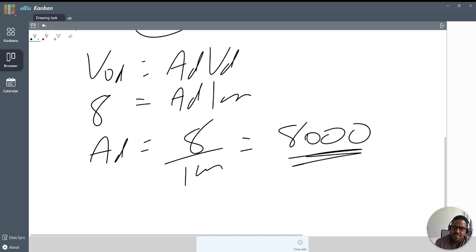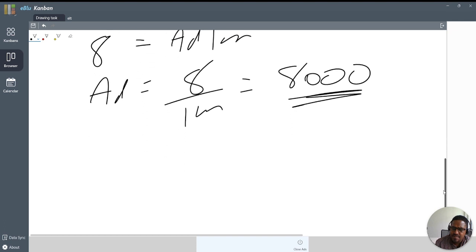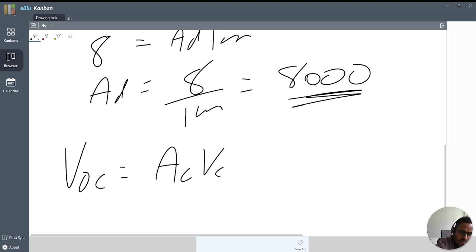Our gain of differential is 8,000. The same for common. For common, V out of the common is gain of the common times common VC.